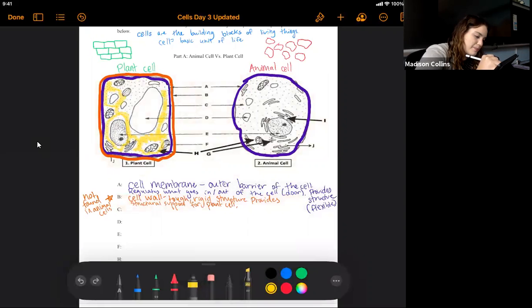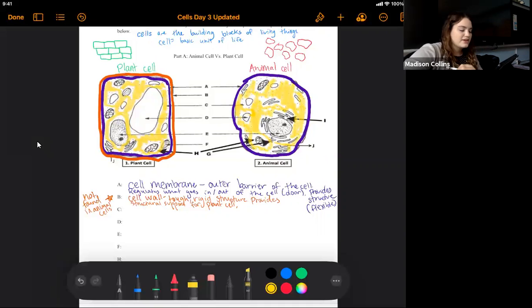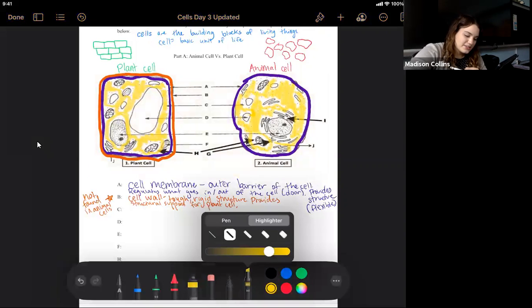But this section that I'm highlighting right here and right here, almost done. There we go. All right, what I've just highlighted in yellow is known as the cytoplasm.